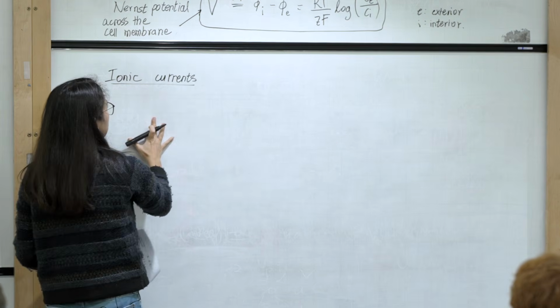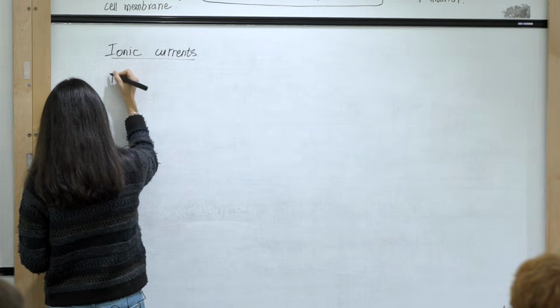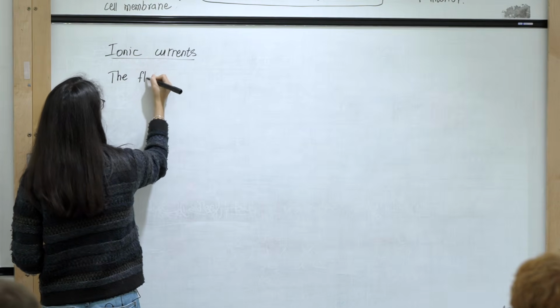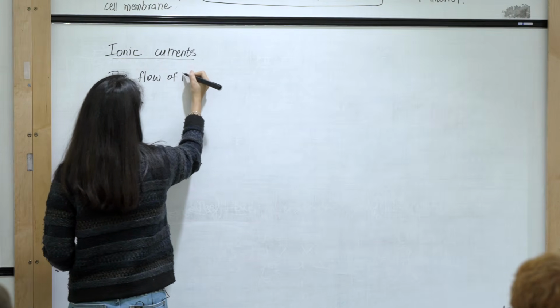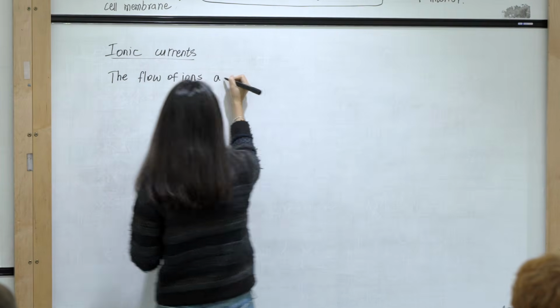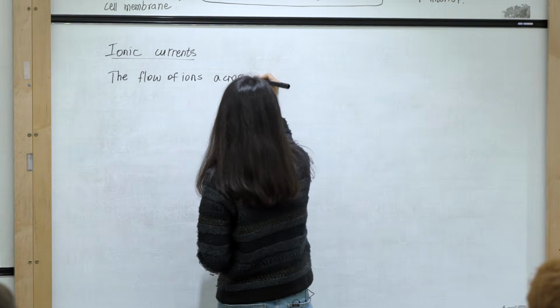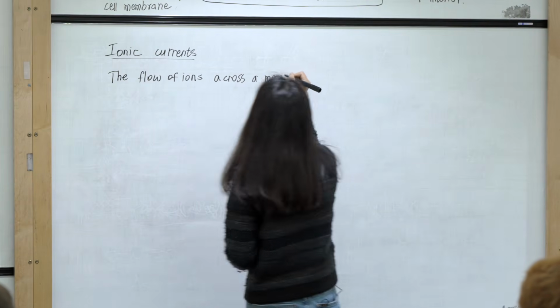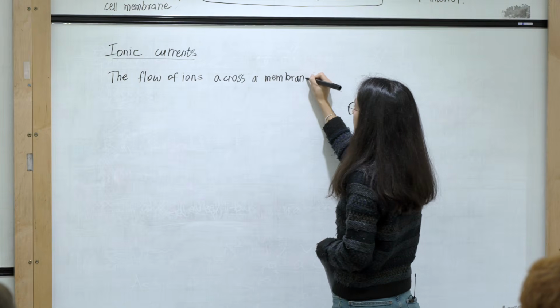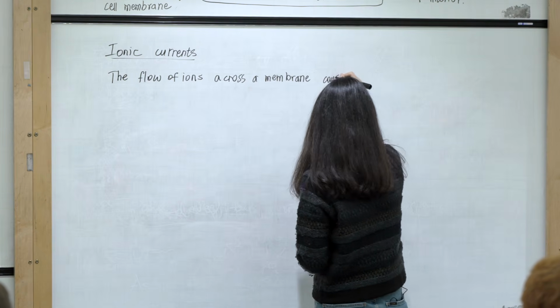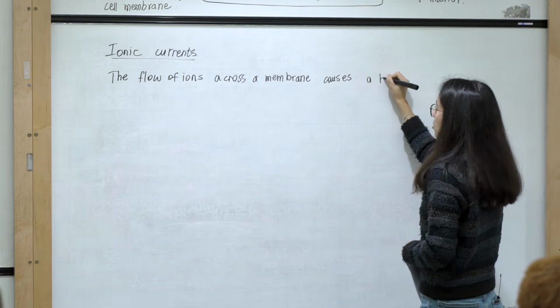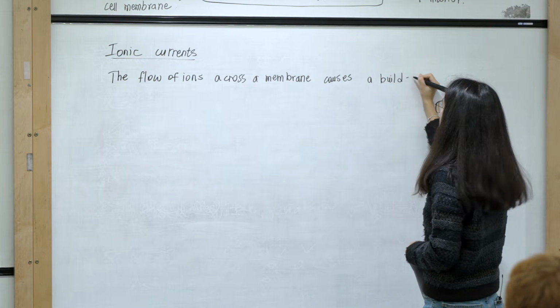OK. So here we have the flow of ions across a membrane. We said it can cause a build-up of charge, right? This is what we have been talking about.